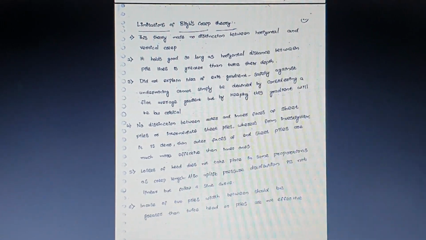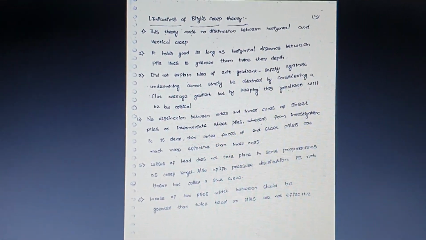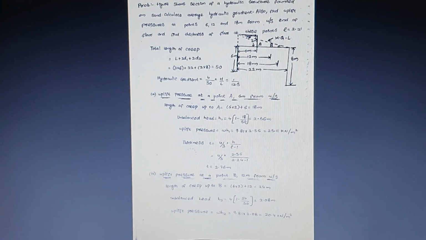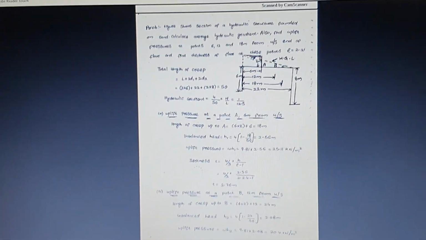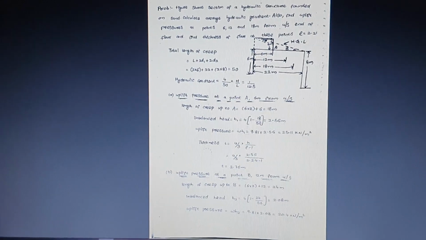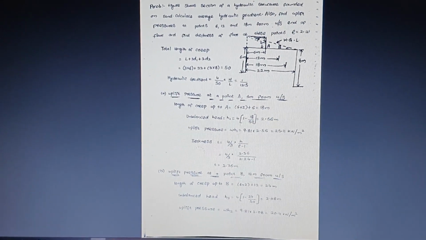Now we will solve a problem on the Blitzkrieg theory from your unit 3, either Blitzkrieg theory or Kosla's theory. You will get such a problem in your external exam for 5 marks. Now I am going to read the question. The figure shows the section of a hydraulic structure founded on sand.